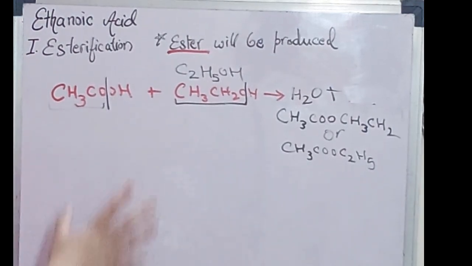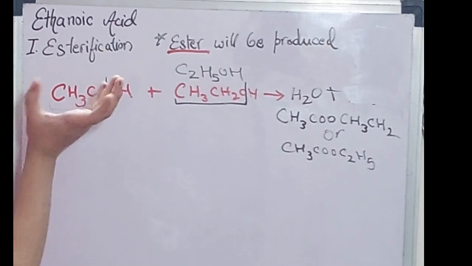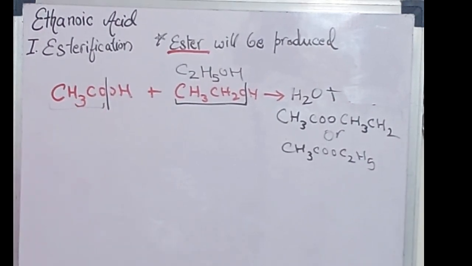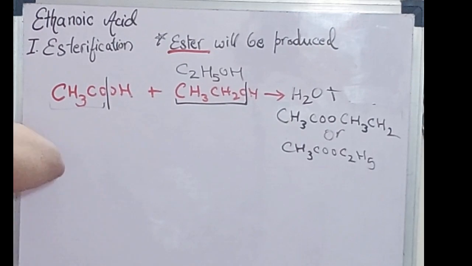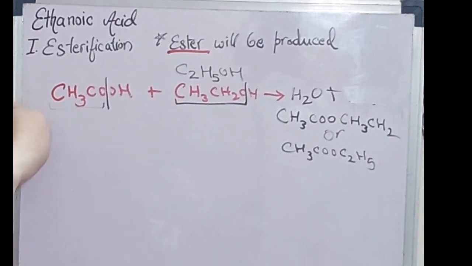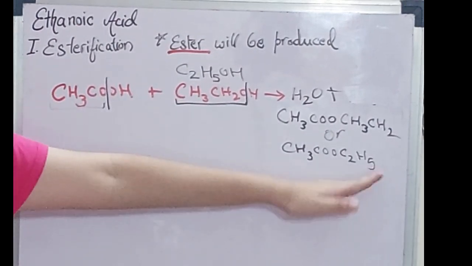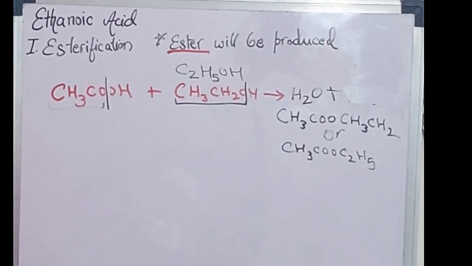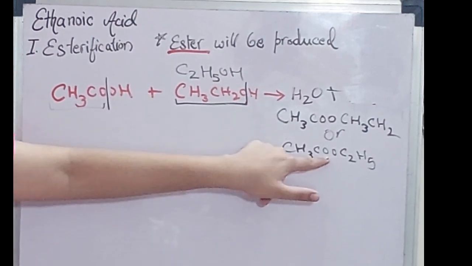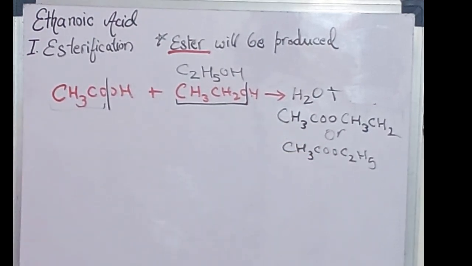So, ethanoic acid plus alcohol gives you water and your ester. This compound is known as ester. From here OH is removed, from here H is removed. Just remember that the two will come together. This is a way to write it down.